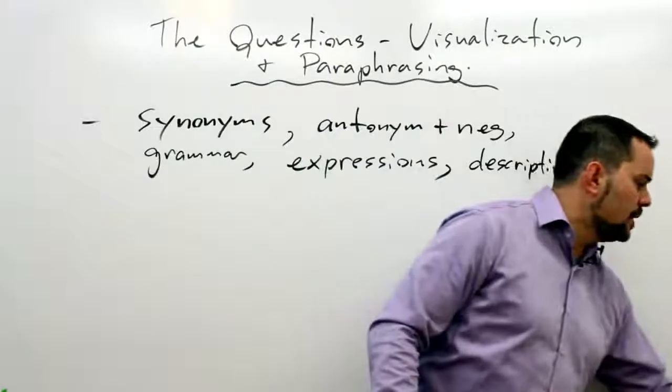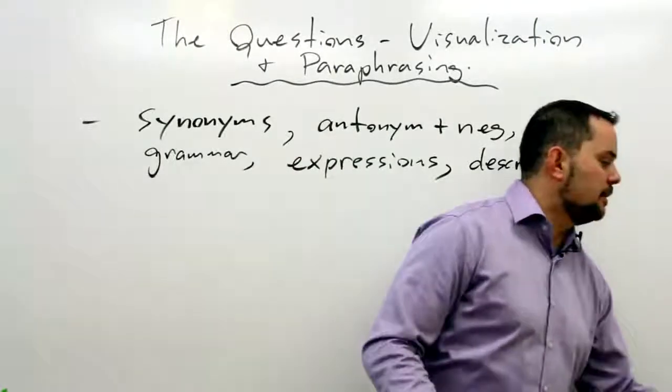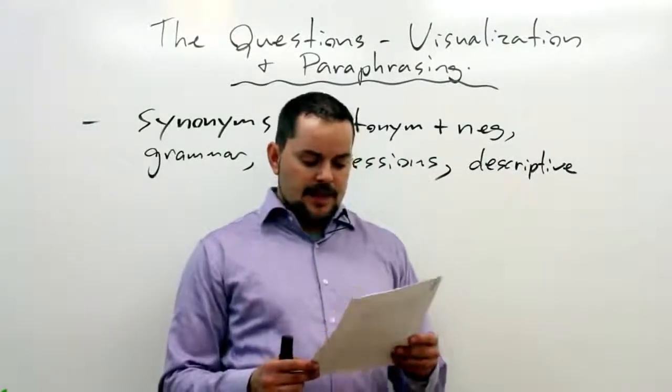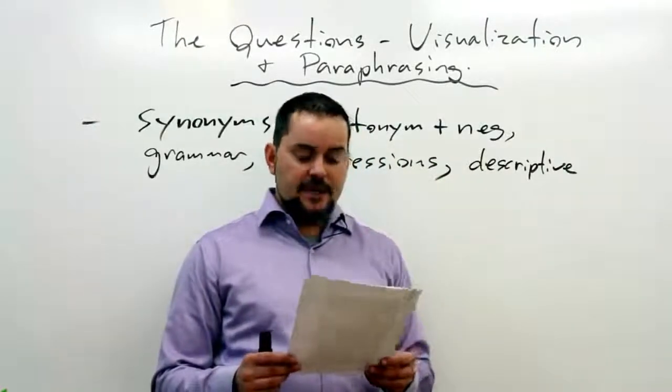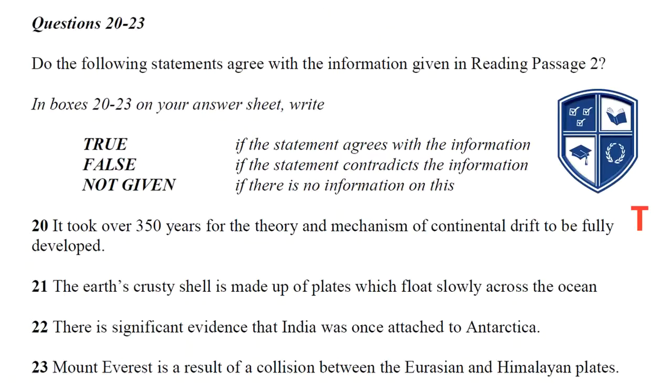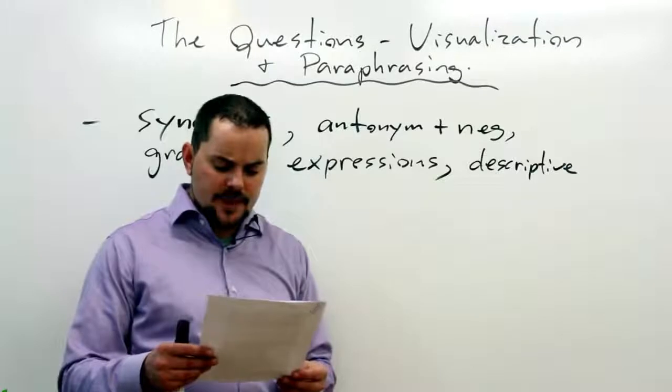So when we look at the questions, then we can see that the first question is paraphrased in paragraph A. It says, it would take over 300 years for the theory to be fully developed and 50 years after that for the mechanism of the phenomenon to be discovered. So this is a type of descriptive paraphrasing where you see that the answer is true from two phrases which describe the answer.